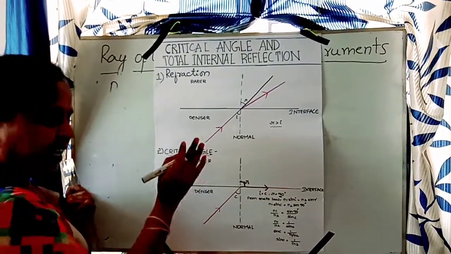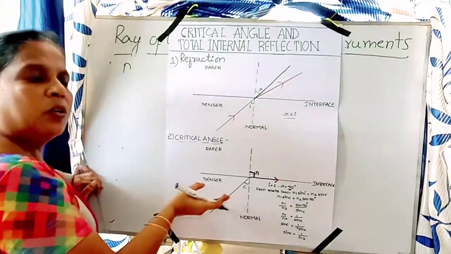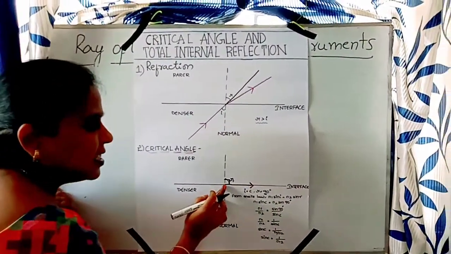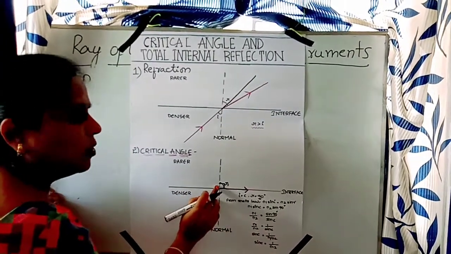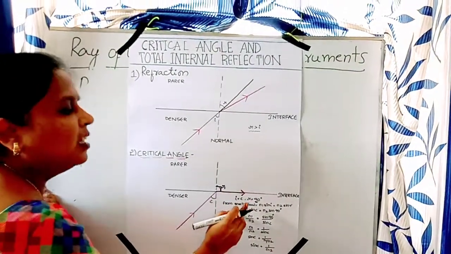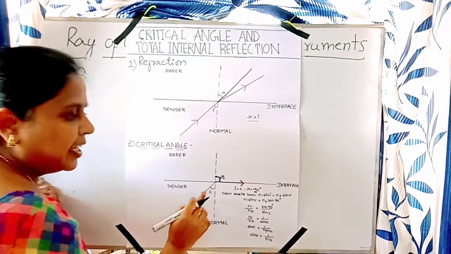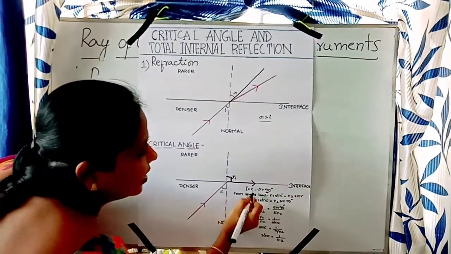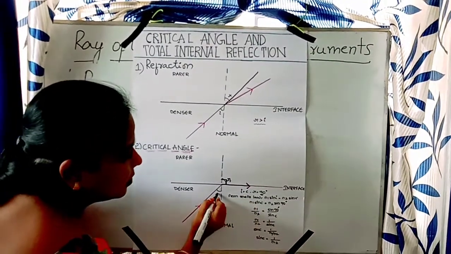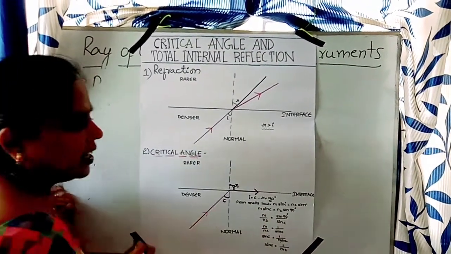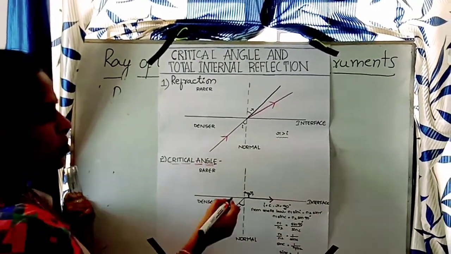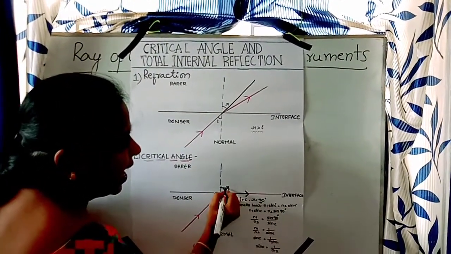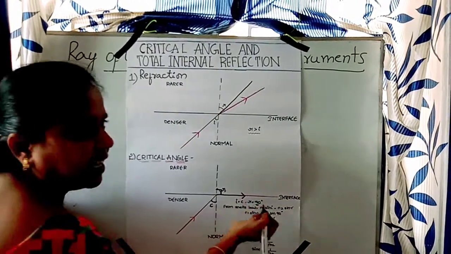Here we indicate the critical angle as C. So here I is equal to C, and the angle of refraction is 90 degrees.